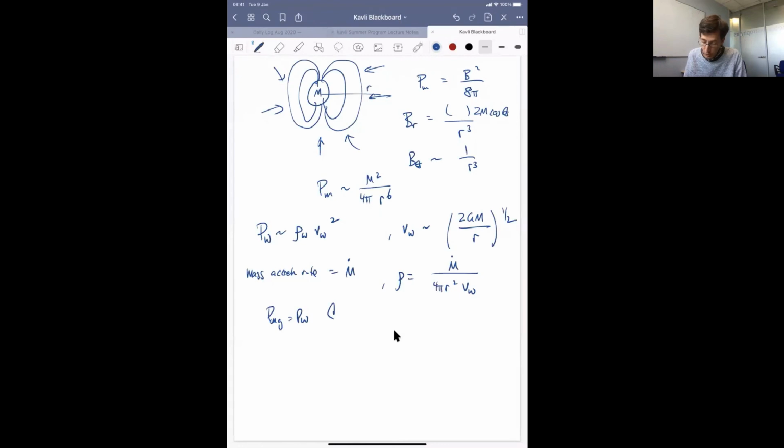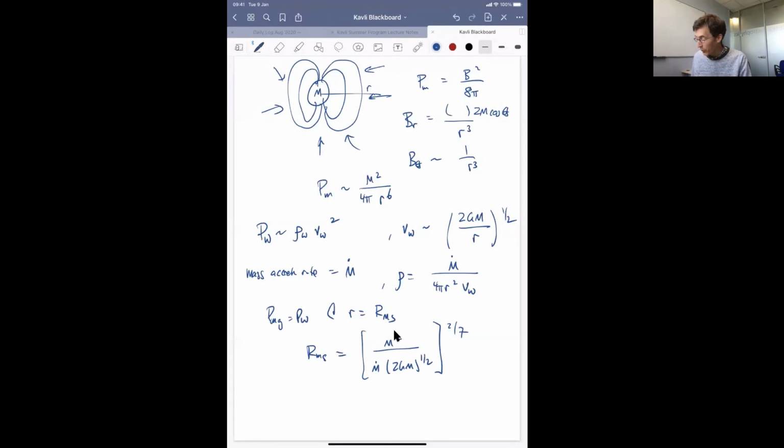So P mag equals P wind at some particular radius, which we'll call the magnetospheric radius. If you do this, it ends up being the mass of the star squared over M dot times (2GM)^(1/2), all to the 2/7 or something like that, which would allow us to estimate the size of the magnetosphere of the star.